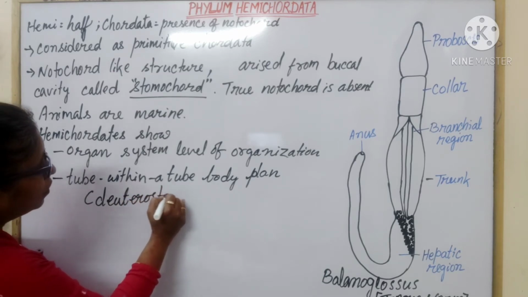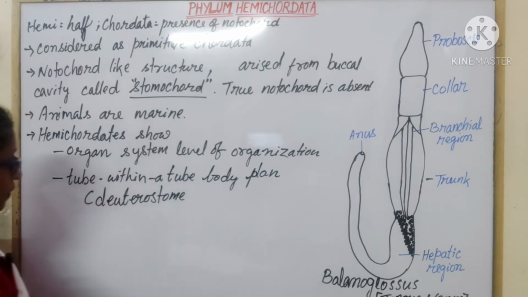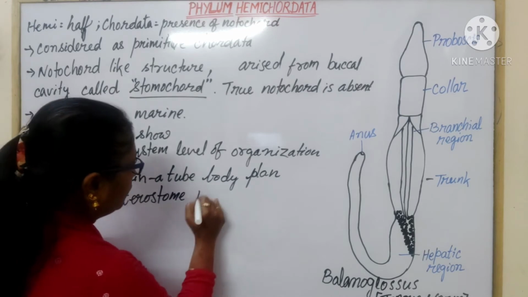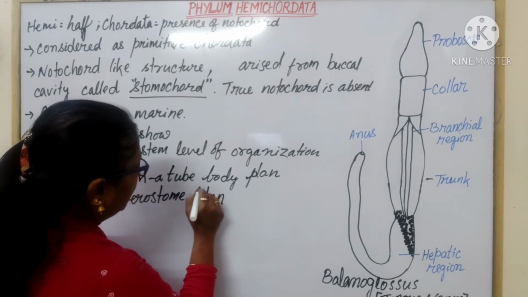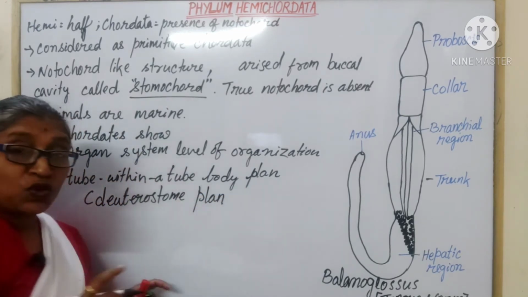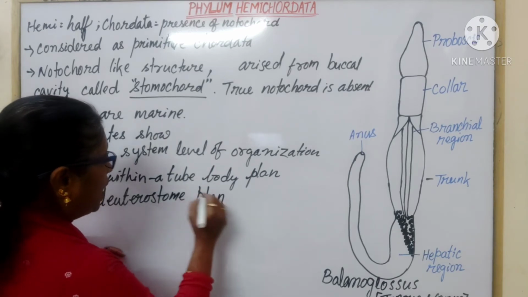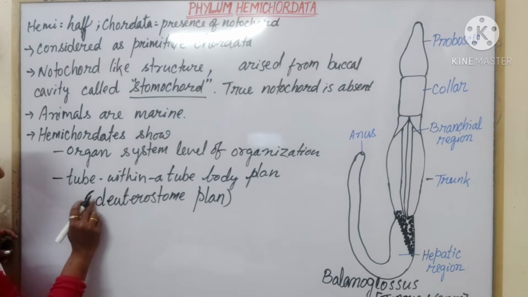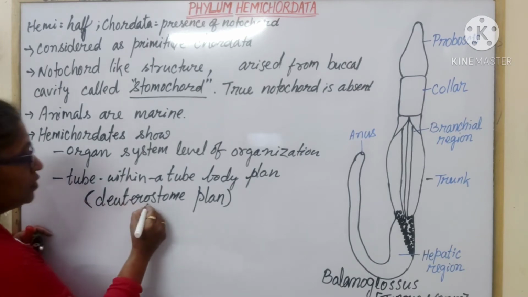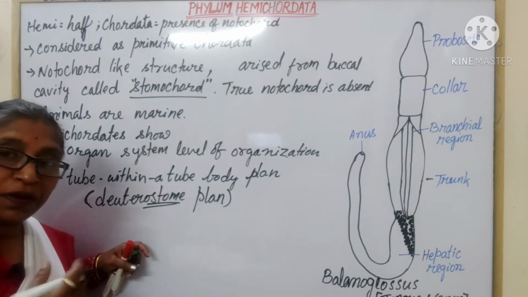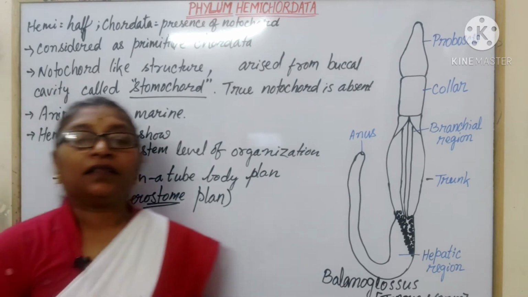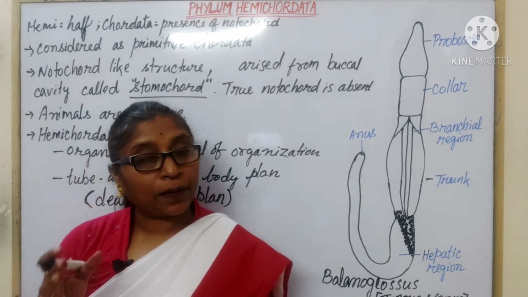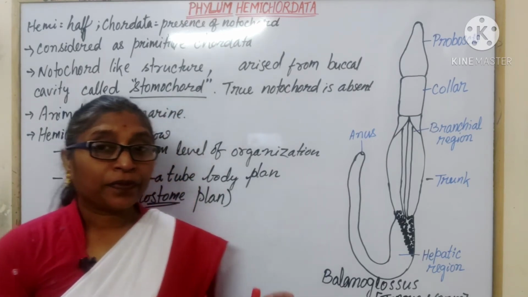The anus developed first. The blastopore becomes anus. So these are the deuterostome because the mouth developed later on. Secondarily, the mouth is formed and the blastopore becomes the anus.